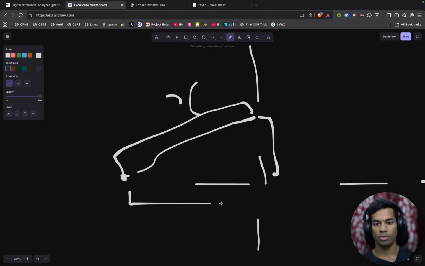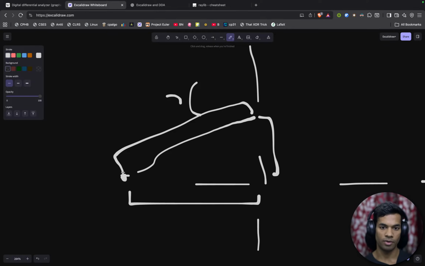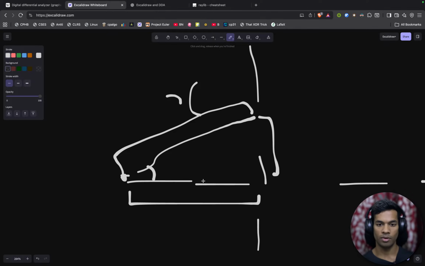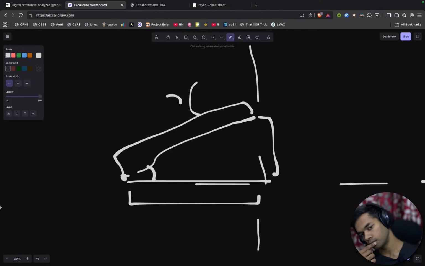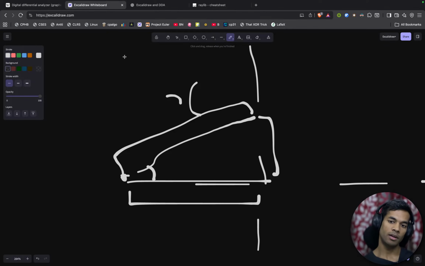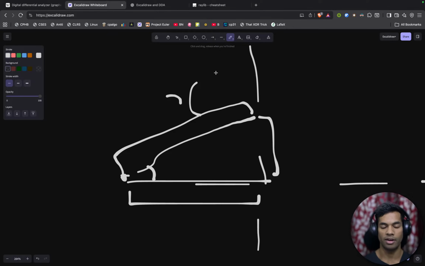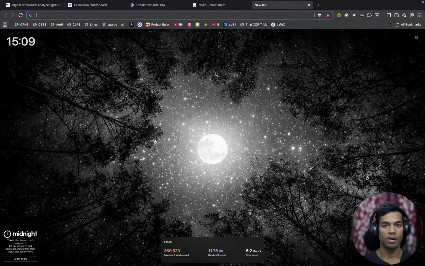We need to figure out these two things. We do know this angle. So yes, we will have to take cos and sine, or that is at least one method for this.